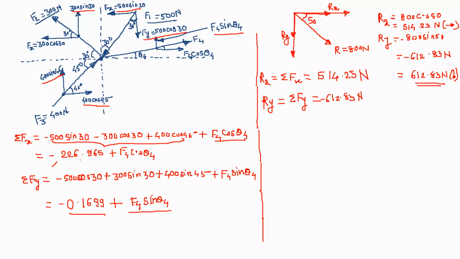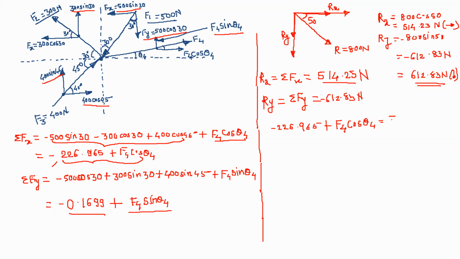So now compare this answer. So this is summation Fx. So equate this answer with 514.23. So I will write this is minus 226.965 plus F4 cos theta 4.